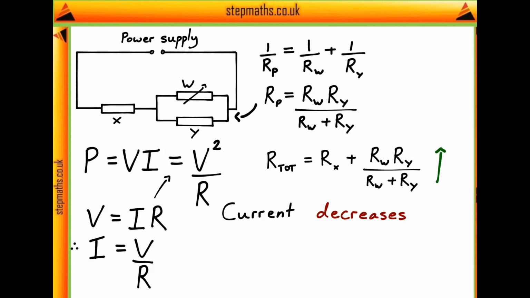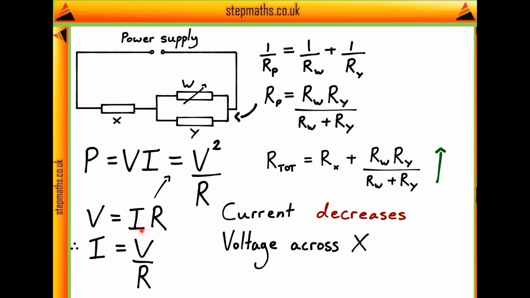Okay, so what we can do then is consider the voltage across X. This voltage across X is going to be found using Ohm's law. The voltage is going to be equal to the current through X multiplied by its resistance, which we know isn't going to change because X is just a fixed resistor. There's nothing changing about its resistance.